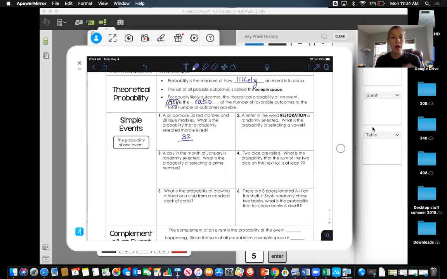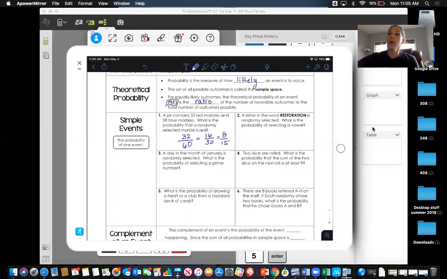But I don't only have red in my marble jar, so I need to add up 32 plus 28. So that's going to give me a total of 60 marbles in my jar. So 32 plus 28. And what you'd want to reduce, you always want to reduce. So I would take out a 2, so I would get 16 over 30, take out another 2, 8 over 15. So I would say that my probability is 8 over 15.